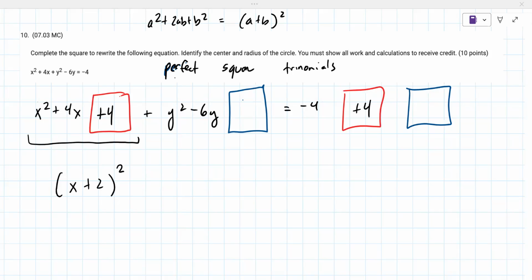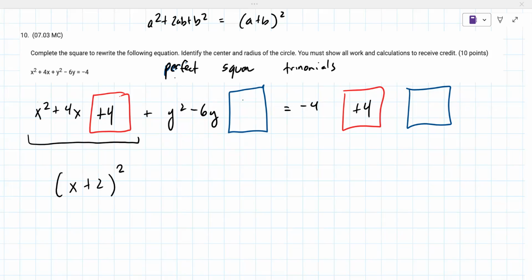I divided both constants by 2 and squared the value, and got 4 for x and 9 for y. Then I took x squared plus 4x plus 4 plus y squared minus 6y plus 9 and got (x plus 2) squared.